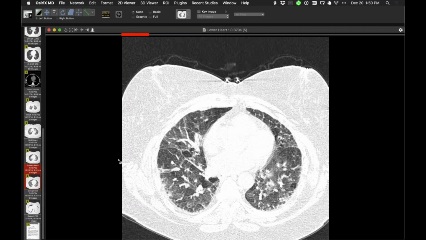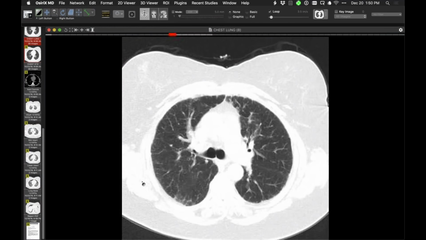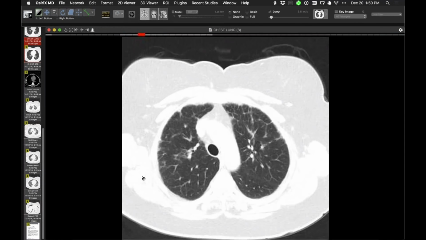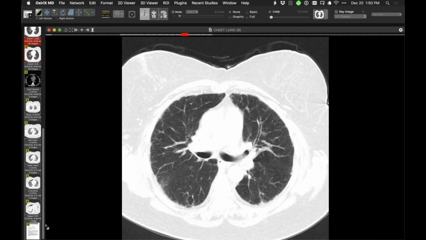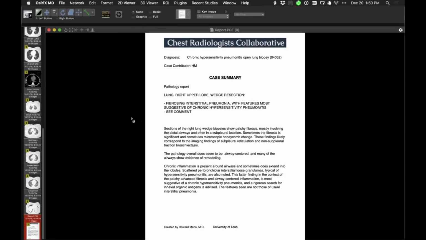Anytime one sees fibrosis in relation to bronchovascular bundles, one should think of chronic hypersensitivity pneumonitis as a potentially better explanation than UIP of IPF. And this, sure enough, on pathology has a really nice description of the pathological findings one will see with chronic hypersensitivity pneumonitis.